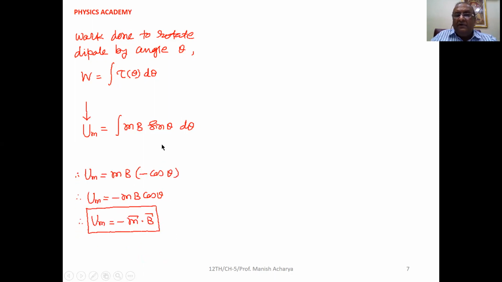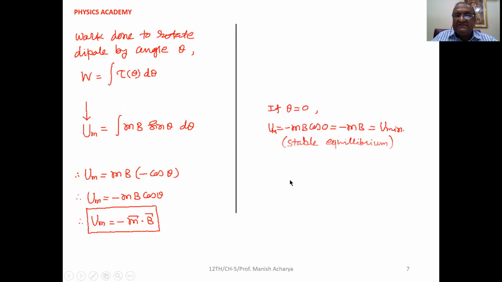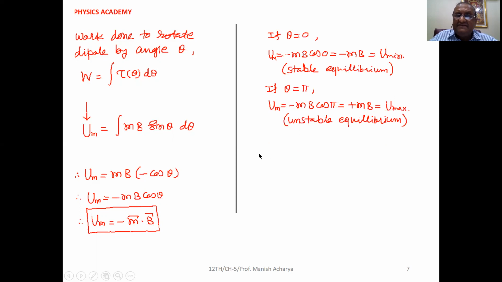So we can say this work done is the magnetic potential energy of the dipole. Now the integration of sine theta is minus cos theta, and MB is constant, so keep it as it is. So the magnetic potential energy of the dipole is minus MB cos theta, or you can write the potential energy as minus M dot B. Now here we can discuss two special cases.